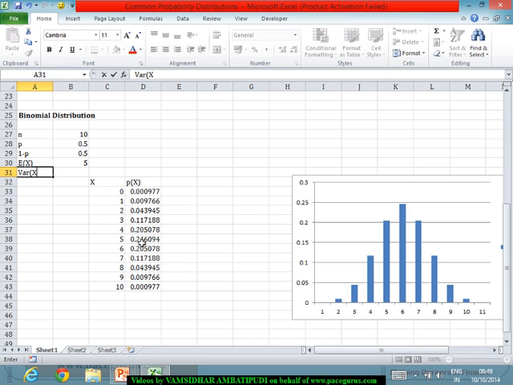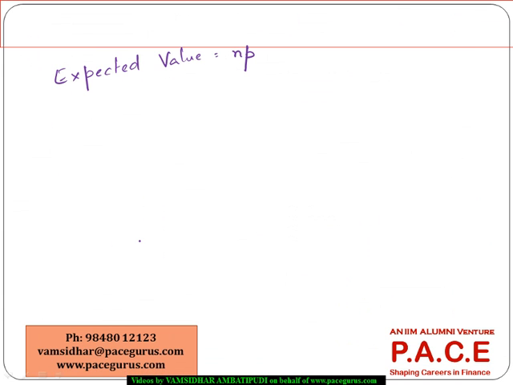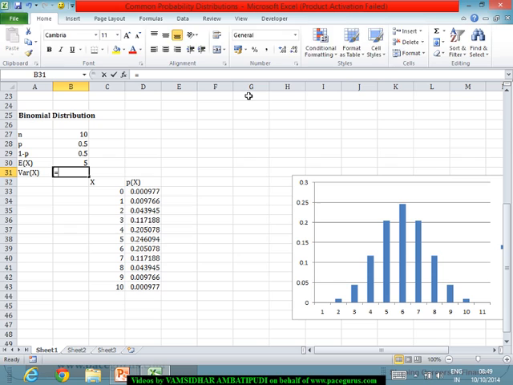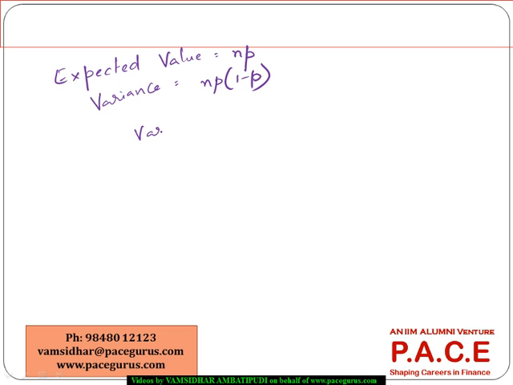And the same way, when I try to find the variance of this binomially distributed random variable, variance comes out as np times 1 minus p. So to a large extent, what we can very well observe is the variance should be less than or equal to the expected value.